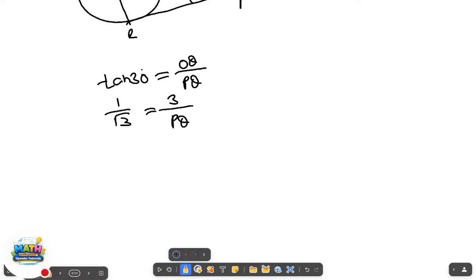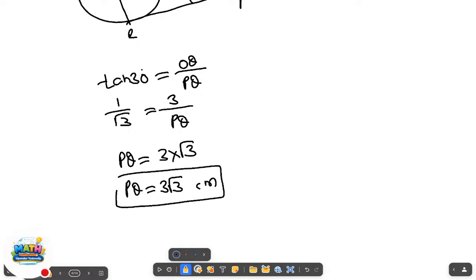So bring PQ to the left side and send root 3 to the right side. PQ is equal to 3 into root 3. So PQ is 3 root 3 centimeters. This is the length of each tangent.